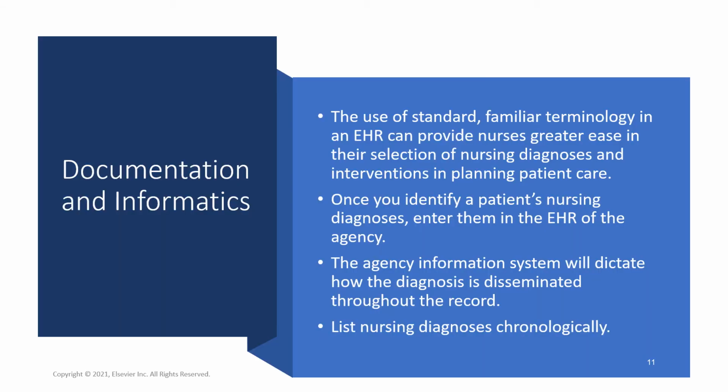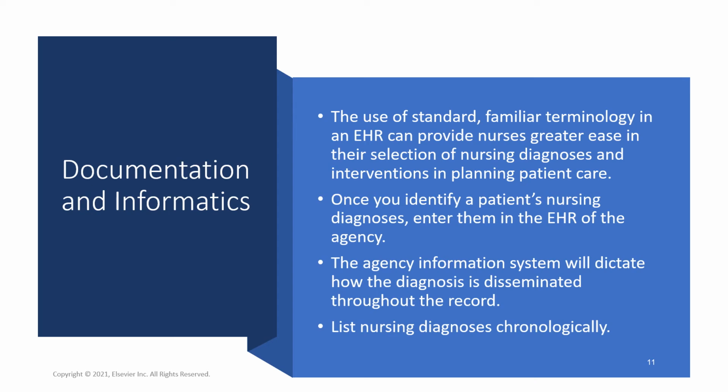Documentation and informatics. A lot of times now, when you're in clinical, you'll hear nurses say we don't ever do care plans anymore. It's really important as the student for you to do care plans. What they do now is an interdisciplinary plan of care, and it's done in the electronic health record. They use standard familiar terminology and an EHR that help provide nurses greater ease in their selection of nursing diagnoses and interventions in the planning of patient care.